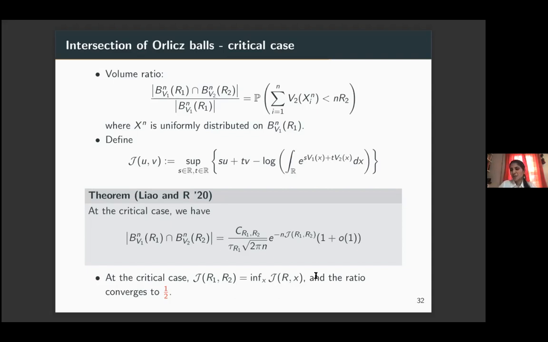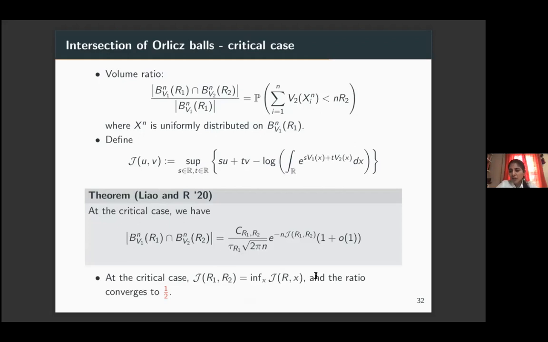So the point is that the original result holds even in the Orlicz case under, of course, a condition. I'm sorry if I've not written it. We do have a condition on V2 and V1 and how they compare, which one has to dominate. So V1 prime over V2 prime is going to infinity.